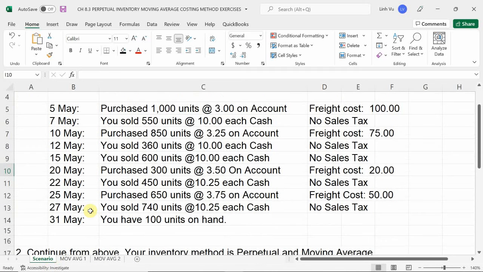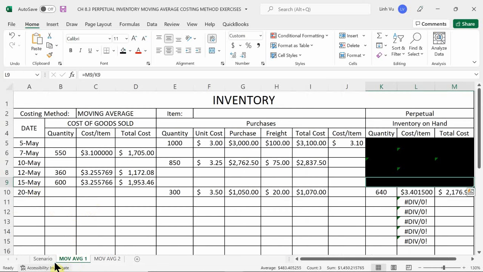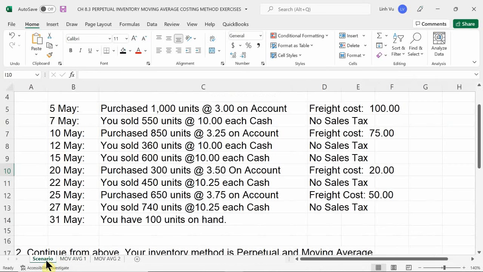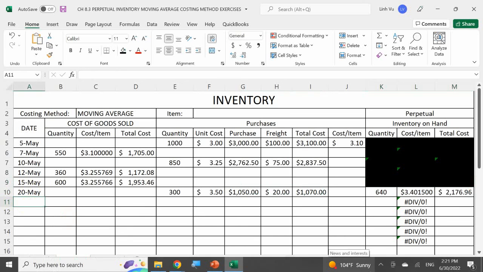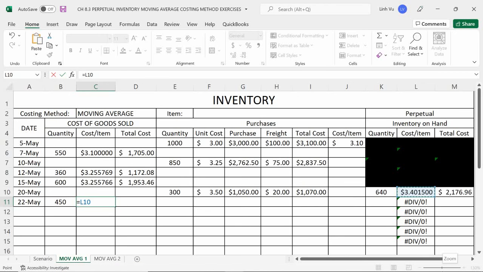Okay. So after making that purchase of 300, we end up selling 450 units on May 22nd. So here I sold 450. My average cost per item right now is currently at $3.4015.